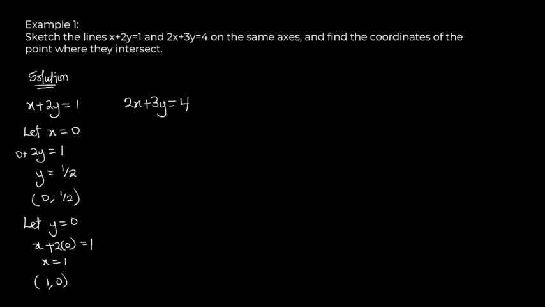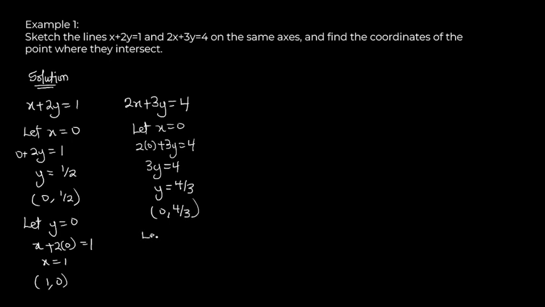And then for this equation we do the same thing. We say let x be equal to 0, and that will give us 2 multiplied by 0 plus 3y is equal to 4. Therefore 3y equals 4, and y will give us 4 on 3. So our coordinate is x is 0, y is 4 on 3.